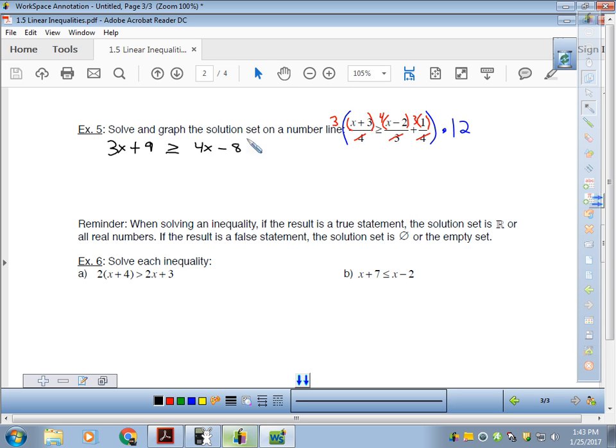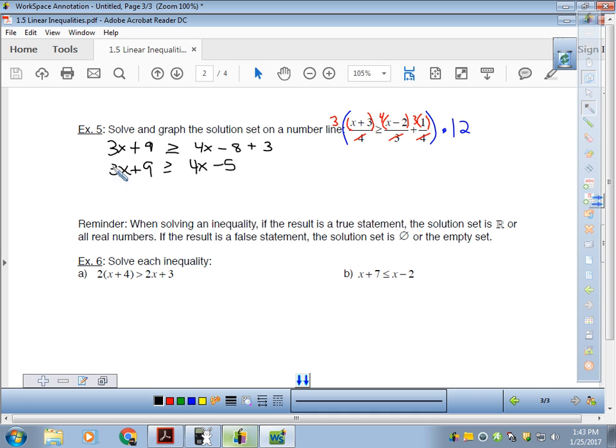And then 3 times 1 gives us positive 3. So that's what we have once we get rid of the fractions. I will combine like terms on the left-hand side. So I have 3x plus 9 is greater than or equal to 4x, and then negative 8 and positive 3 makes a negative 5.